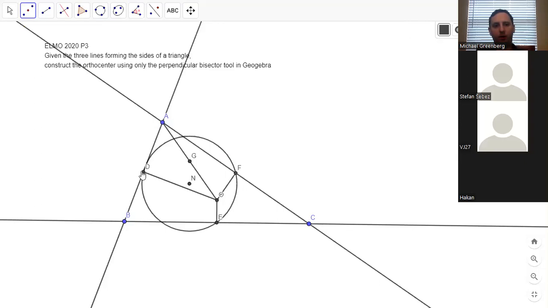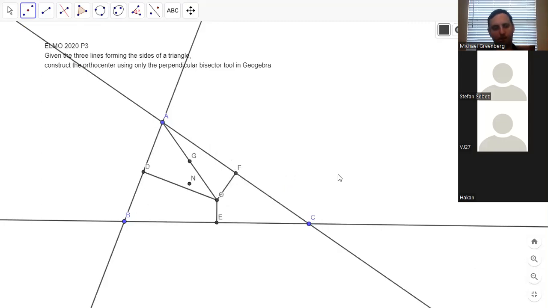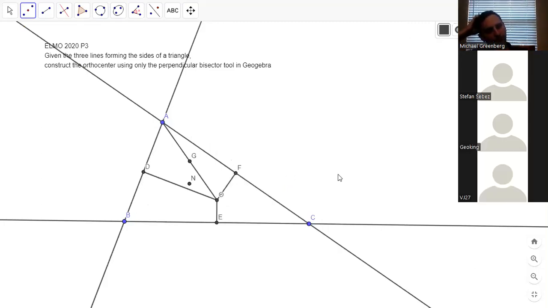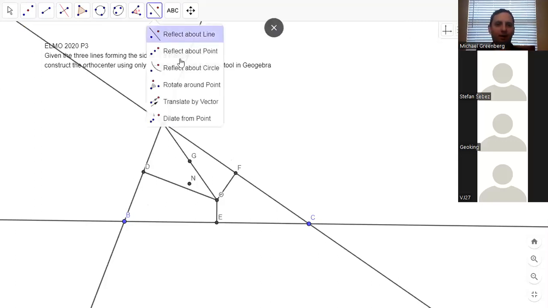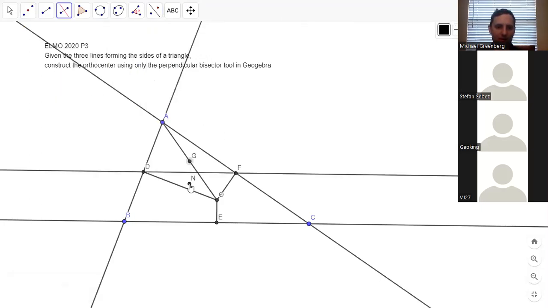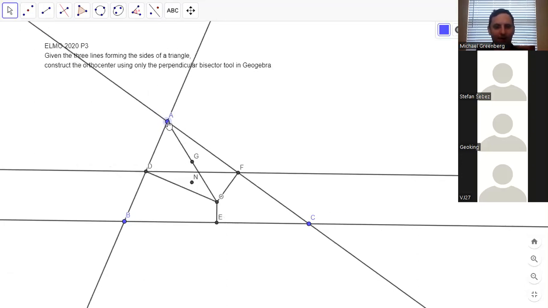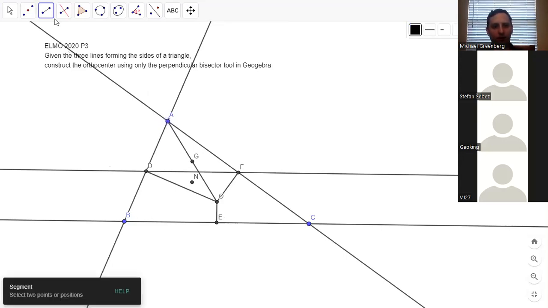And then how do we draw the line DF? It is the perpendicular bisector of GM. Okay, that's very creative. I like that. So yeah, we can draw all these lines.